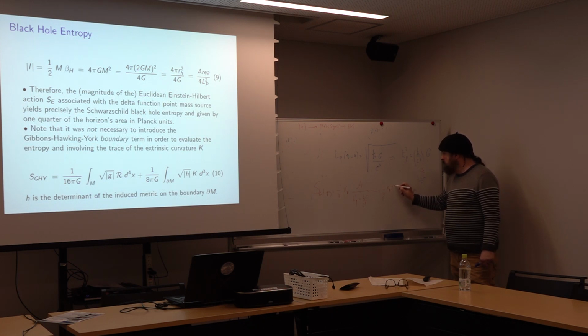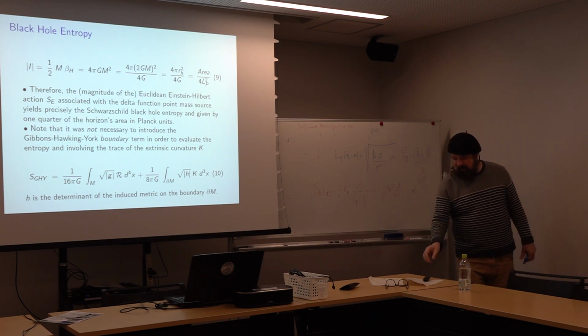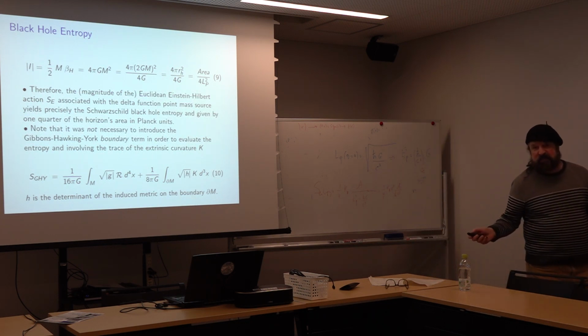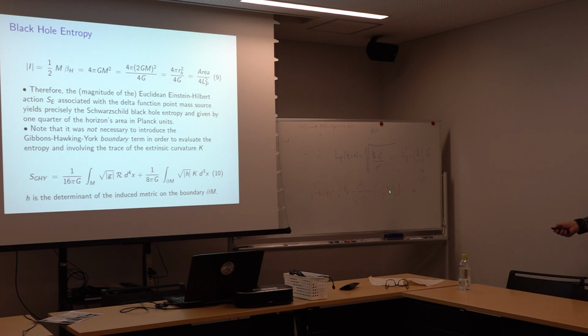The speed of light to the cube power is going to appear on the top. You're going to have the area here. And in the denominator, you're going to have the Planck constant and the Newtonian constant. So here, you're going to see that all the fundamental constants in physics appear, because you're going to have the Boltzmann constant here, the speed of light here, the Planck constant here, and the Newtonian constant here.